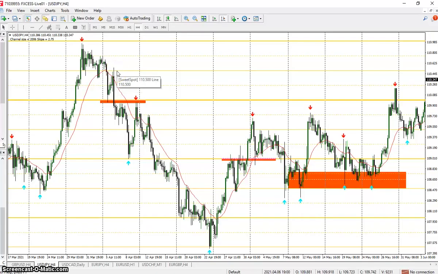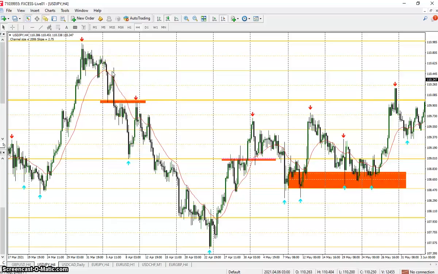Look at this. This is 110,500. This is a 500 level. So your next take profit will be what? 109,500. This is 110,500, next take profit 109,500. And look at the rejection here at this point and the EMA. Price just taps the EMA, taps the level. This one is a very high probability trade.